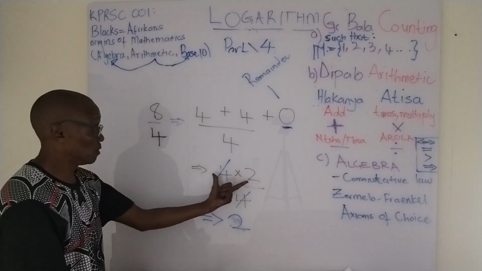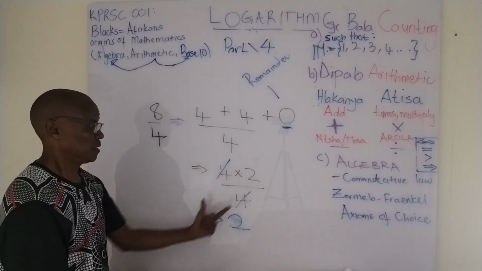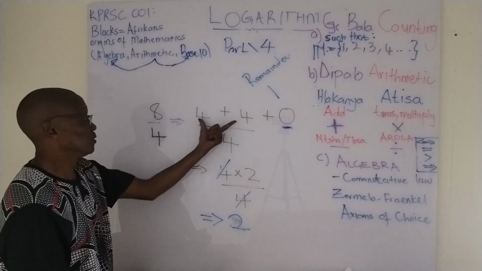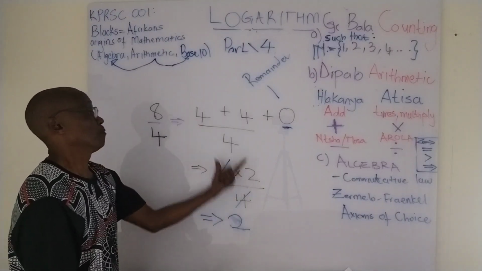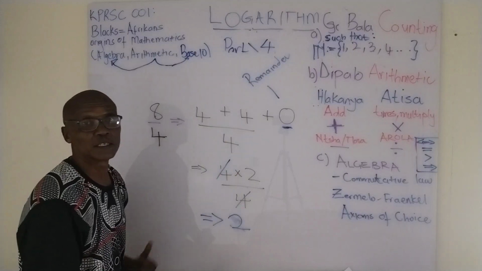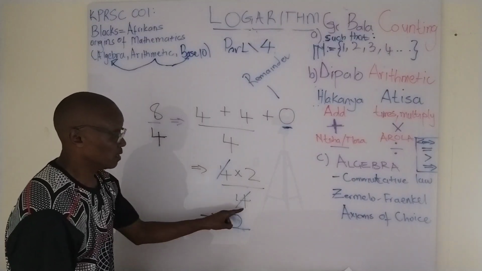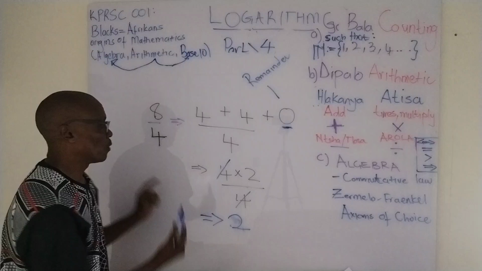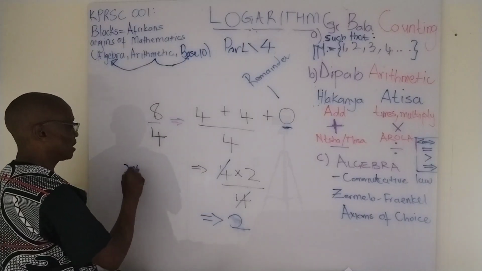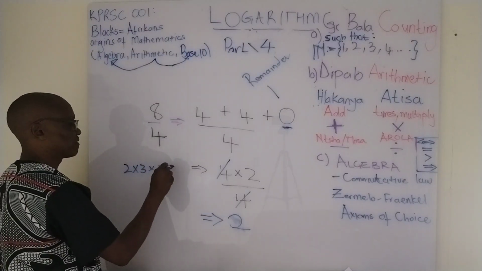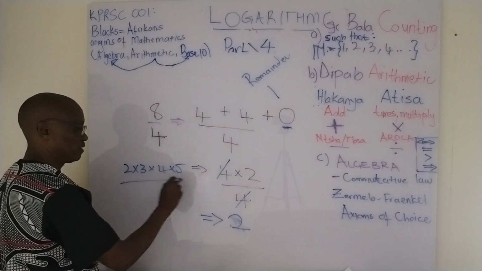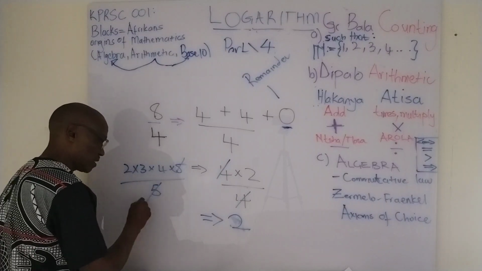And you did your fancy things here. Meaning you wrote this in a short form. It was already in a short form, but you wanted it this way. Because after that, you can do the cancellation. You see, when you've got factors, 2 times 3 times 4 times 5, and you divide by 5, you can cancel.